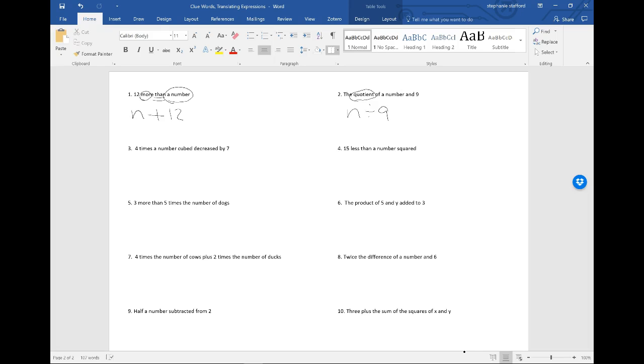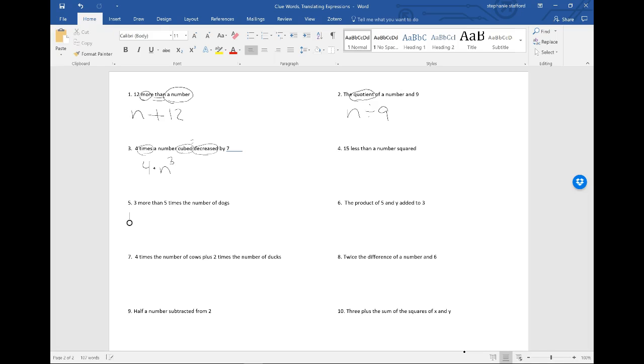3, 4 times a number cubed decreased by 7. Okay, so this one has quite a few. So we got times, cubed is important, and decreased is important. So we got 4 times, and notice there's no turnaround word. So 4 times a number cubed. Cubed is to the third power, squared is to the second.